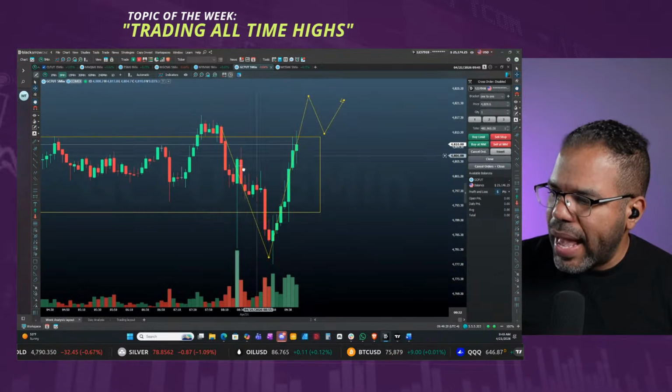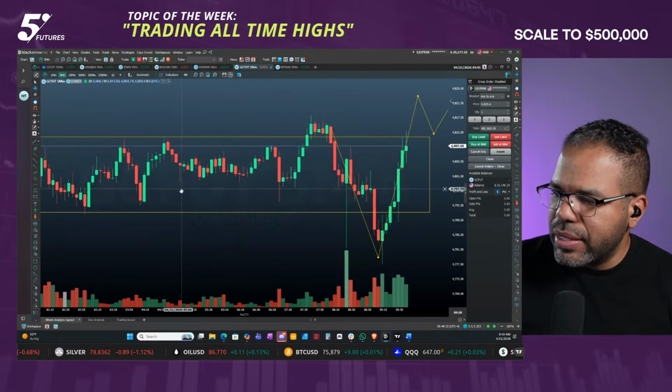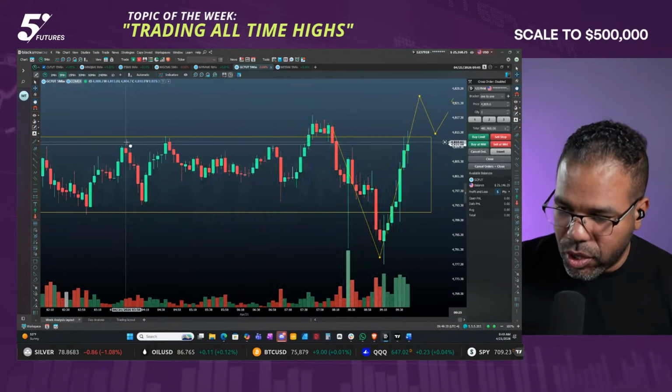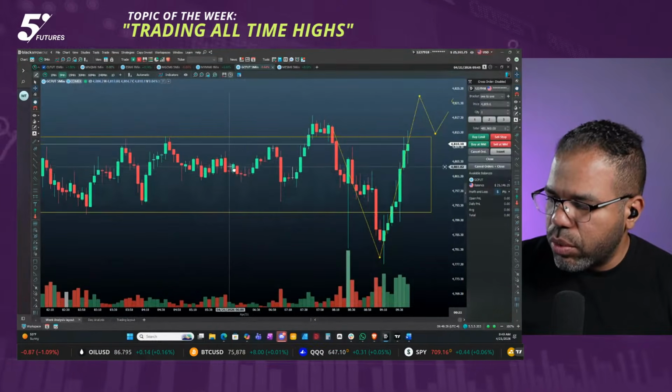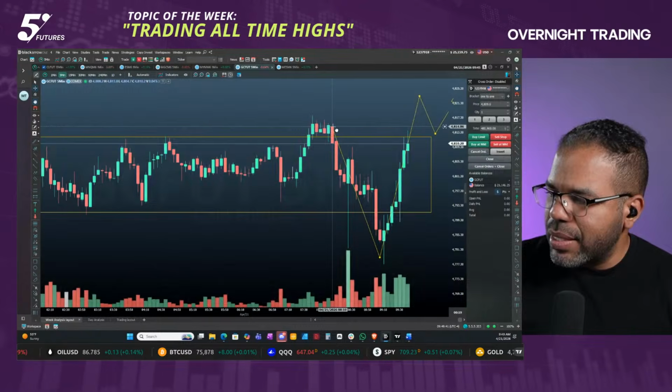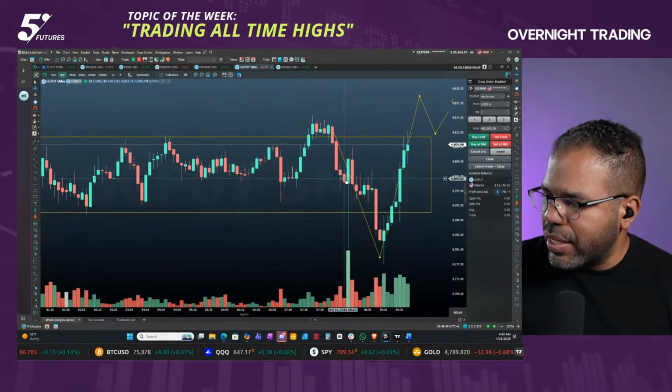Let me look at an example for you. This is an example of a controlled pullback. You don't want to see something where you're pulling back and then this candle is bigger, and then this candle gets bigger, and then this candle gets bigger.